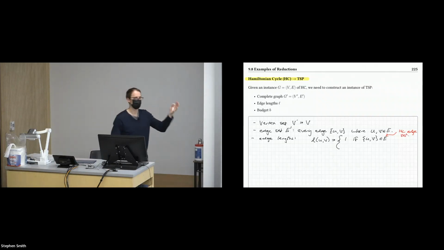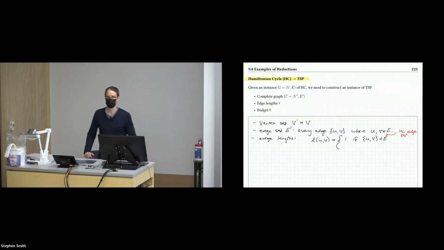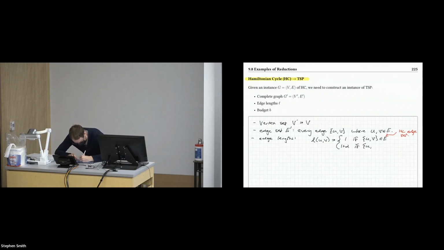Not E prime, which is the one I'm making. So it costs 1 if it's in the input graph, and it costs something more. For right now, I'm just going to write it 1 plus alpha if (u,v) is not in E, where alpha is just going to be a positive number.